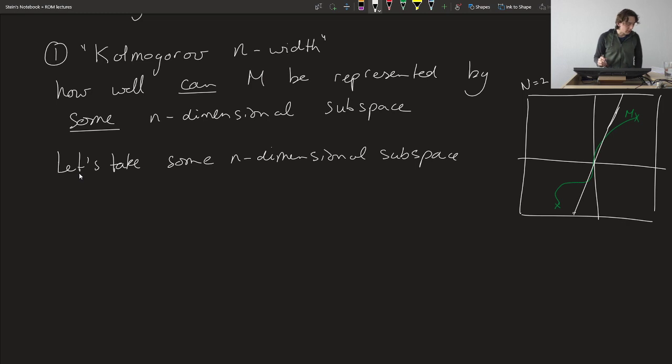So, first of all, let's try and answer some questions about distances in this graph. So, first question. What is the distance between some solution u? So I'm going to take some solution u in my solution manifold. What is then the distance between that solution, some arbitrary solution in the solution manifold, to my n-dimensional subspace?